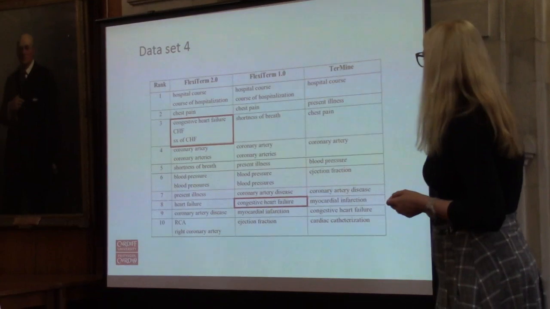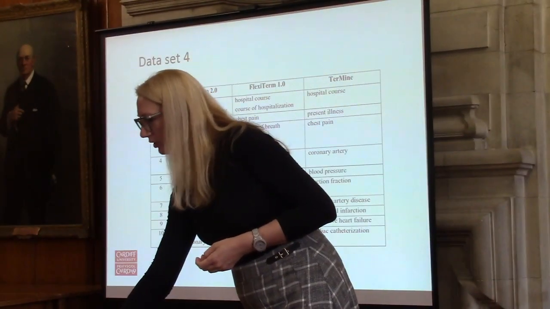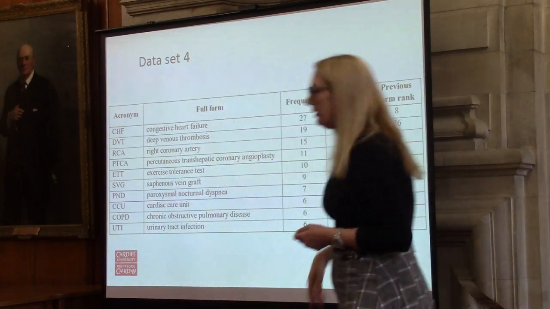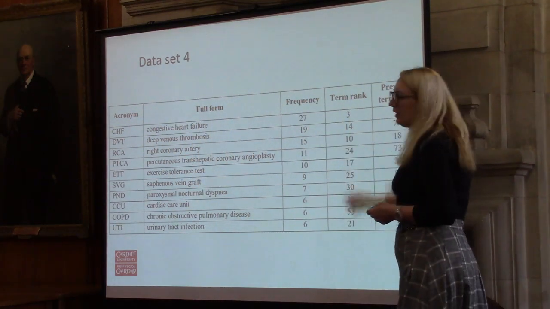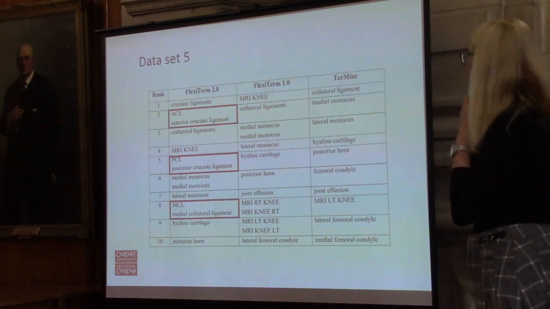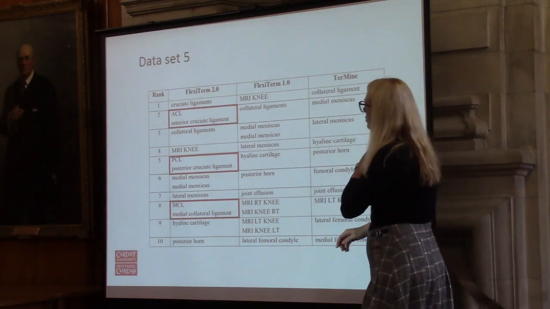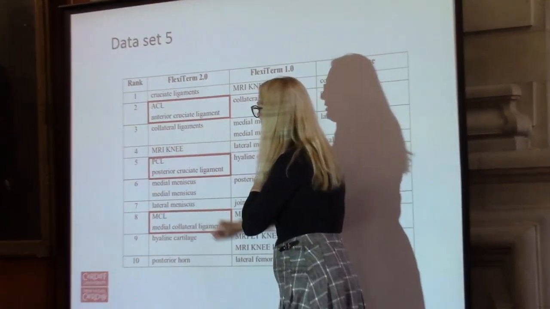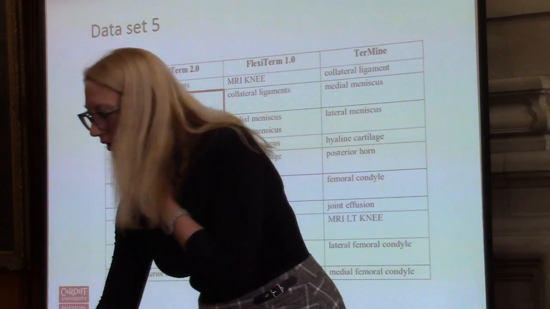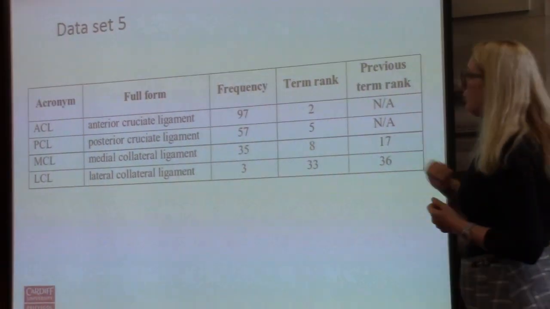These are hospital discharge summaries. Again, nothing interesting here, but again, the same story, ranking improved. And this one is much more interesting because it changed the output quite considerably. So we have 3 terms here, and if you look at these acronyms, we only managed to pull 4.